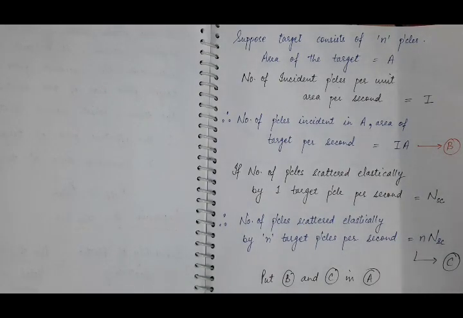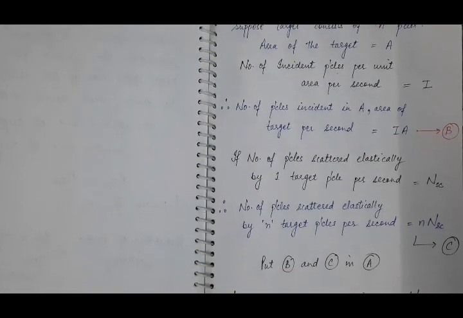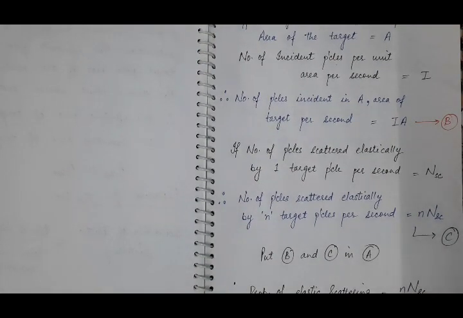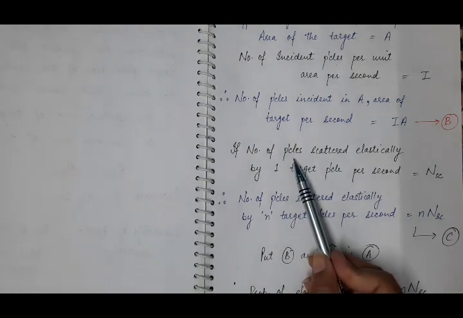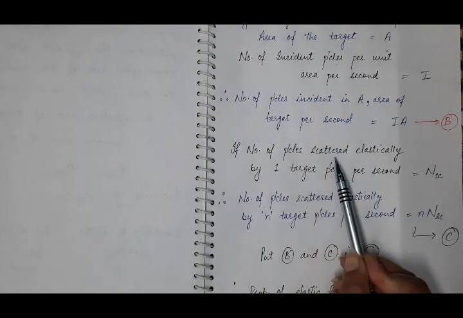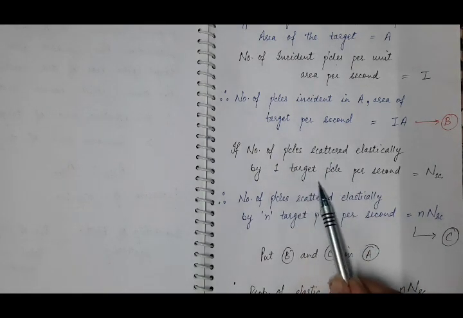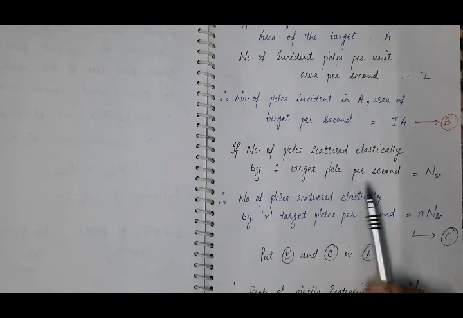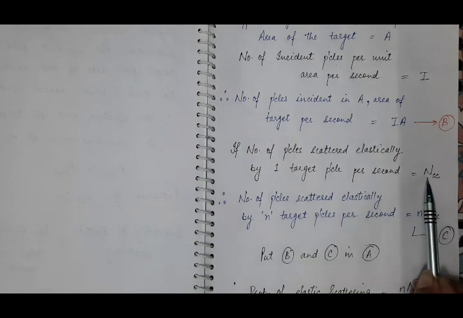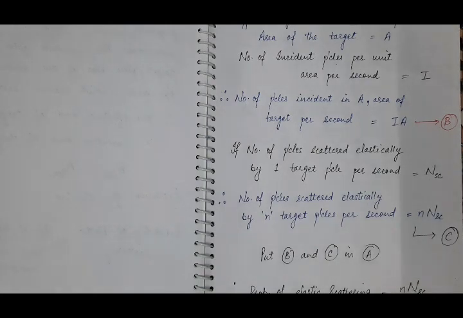Now out of these particles, how many particles will be scattered by the target? Suppose the number of particles elastically scattered by one target particle per second is capital N. And how many target particles are there? There are n target particles.